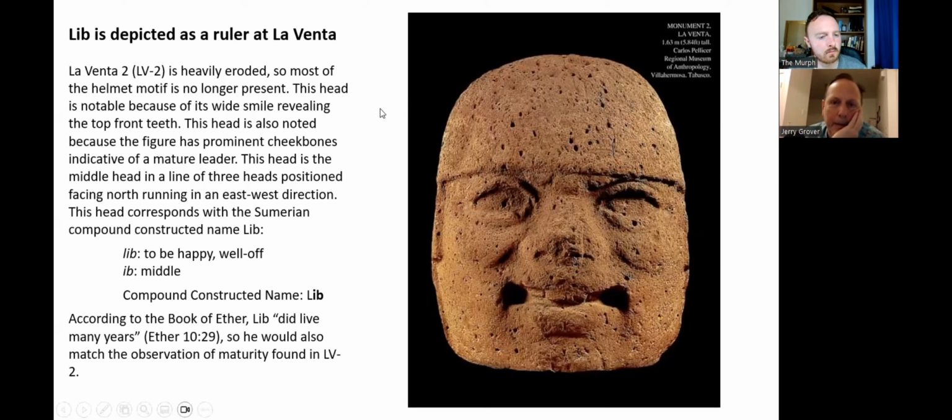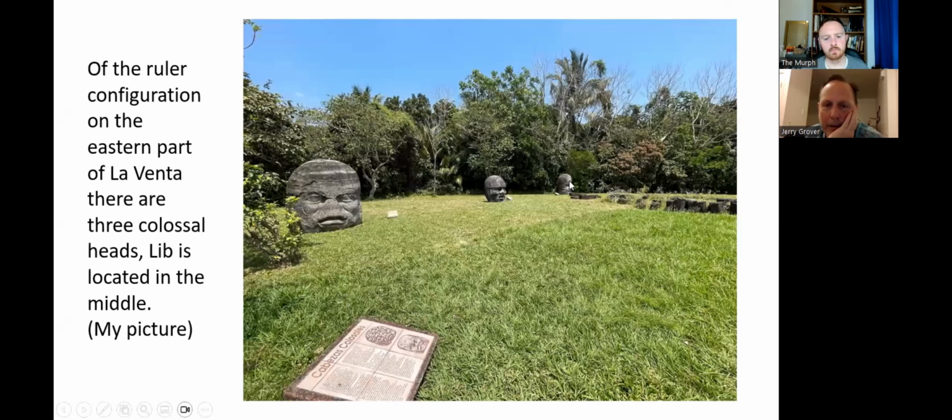This head and Lib in the Sumerian, I kind of show, means to be happy, well off. Part of it also means middle, and it's kind of interesting because the only smiling head of all the Olmec heads is at La Venta, and it sits in the middle.